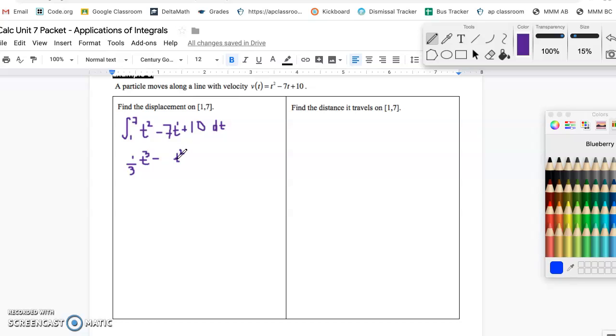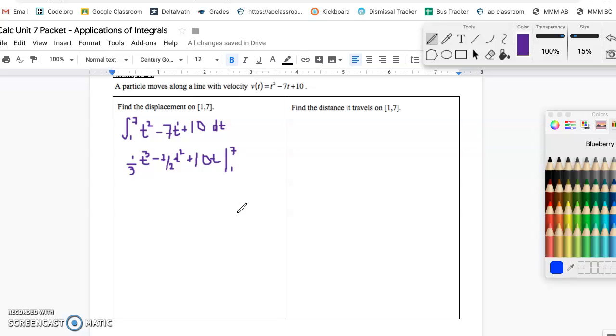Divide by your new exponent, so 7 halves. Again, you could have just said 7t squared over 2. Plus, here it's just a constant, so we're just adding t to it. So this becomes 10t. The integral goes away, becomes this bar that just means evaluated from 1 to 7.